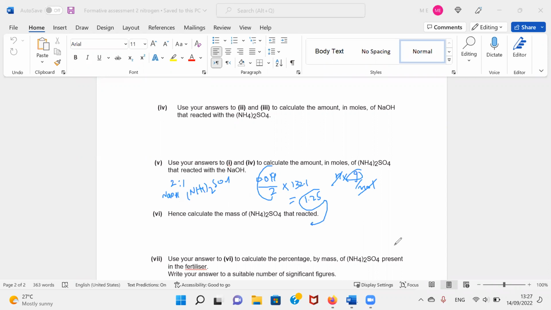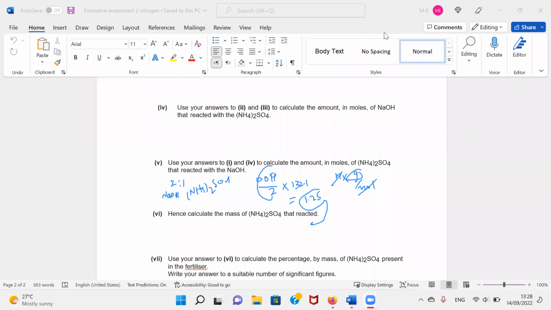Okay, finally, they want basically percentage by mass. So the total amount of the sample, if you remember, it was 2.86, I believe. And this is the ammonium sulfate that you've got from that sample. So you will basically divide this by that to see how much ammonium sulfate you have got in your sample.